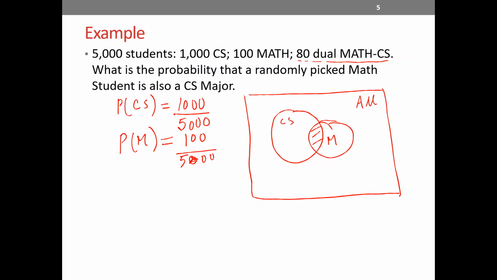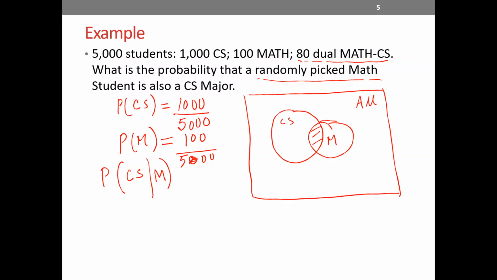Now, my question is, what is the probability that a randomly picked math student, so it's already known that the student is a math student, and I'm interested in the probability that this person is also a CS major. So now I'm writing something that is how we denote conditional probability, is that I'm trying to find the probability of a CS student given that that person is already a math student, right?